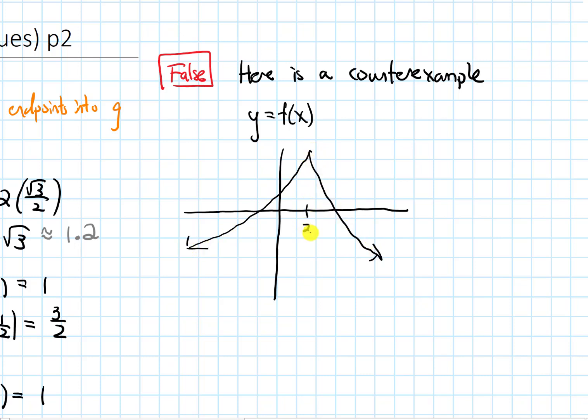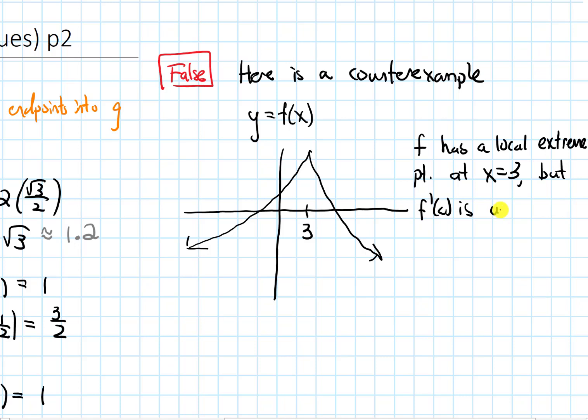Maybe I'll say this is at 3. But the derivative is going to be undefined here. It's not going to be 0. f has a local extreme point at x equals 3, but our derivative, f prime of c, is undefined.